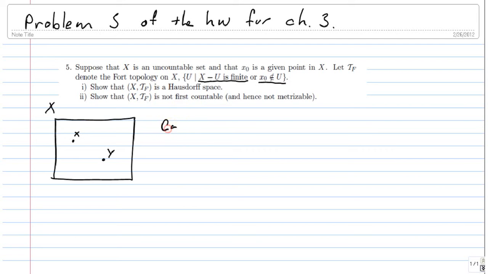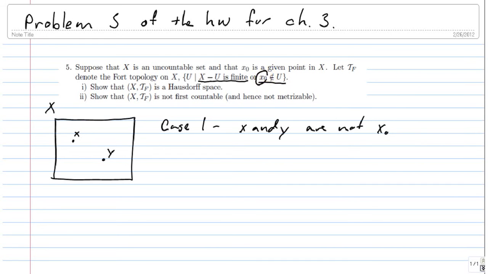There's case 1, which is x and y are not x sub 0. In other words, there's a particular specified point in the Fort topology.